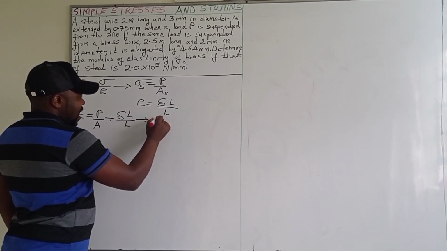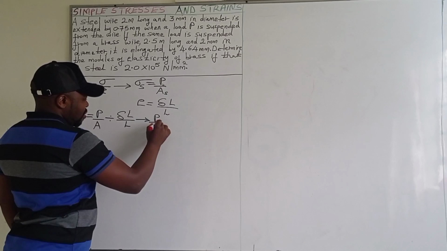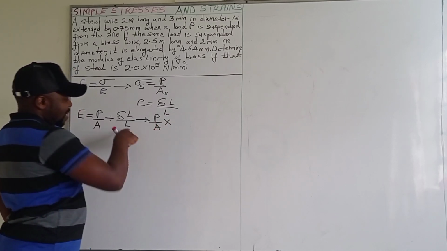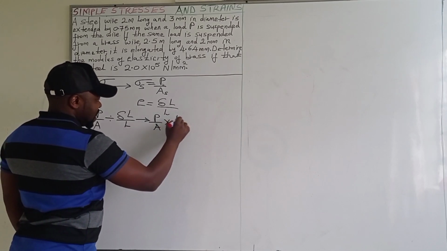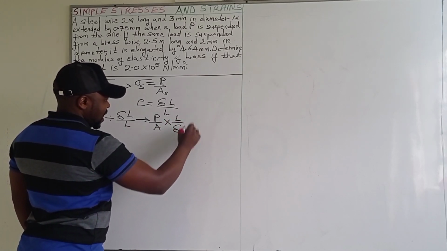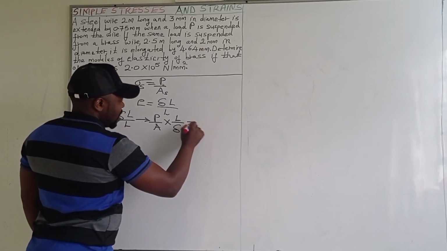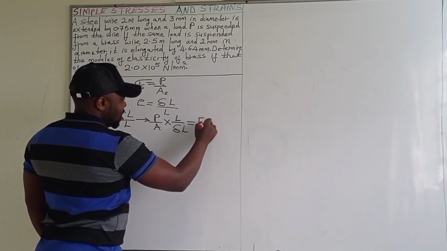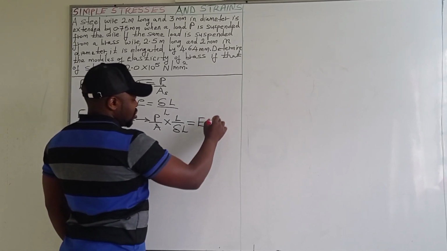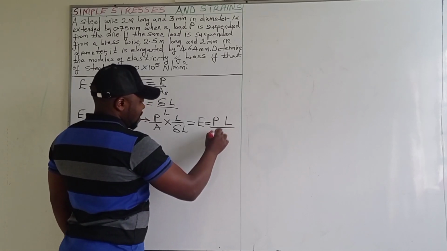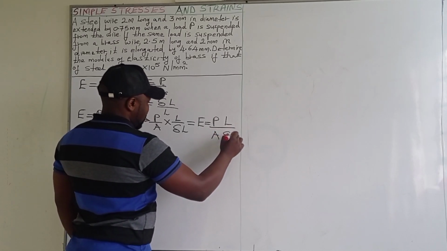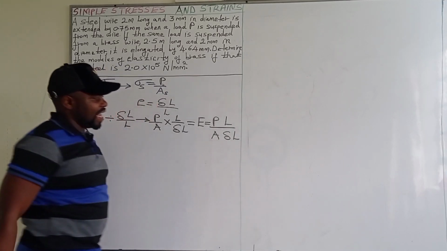This leads to load over area times the reciprocal, original length over change in length. Therefore, Young's modulus is given by this relation: load times original length divided by area times the change in length.